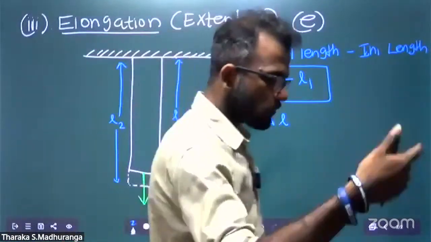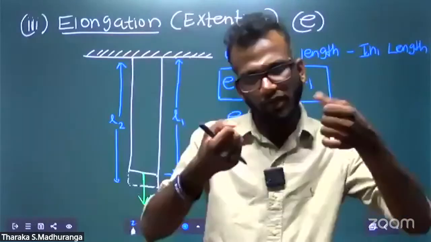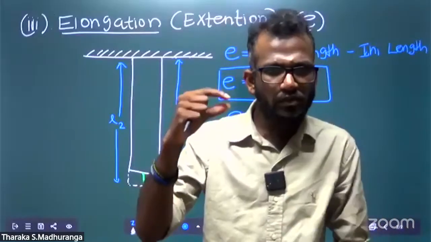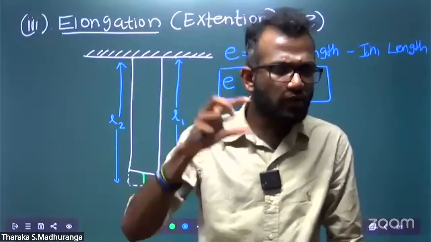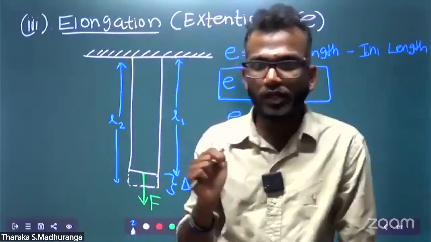Normally, for elongation expression, we use millimeters as well, because some objects, when we apply external force, only increase by a few 0.0-type millimeter values. But the standard unit is meter.